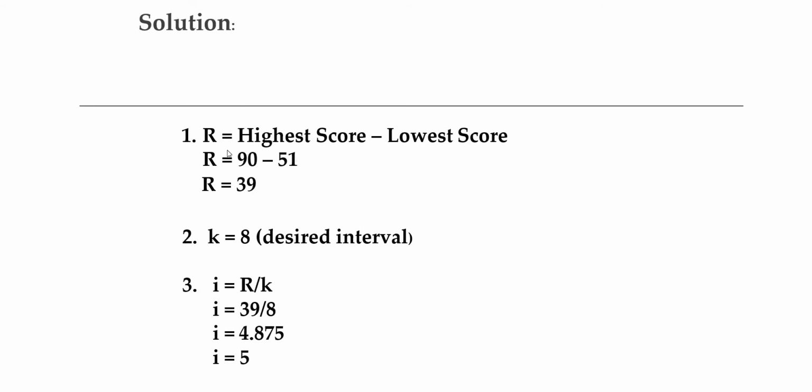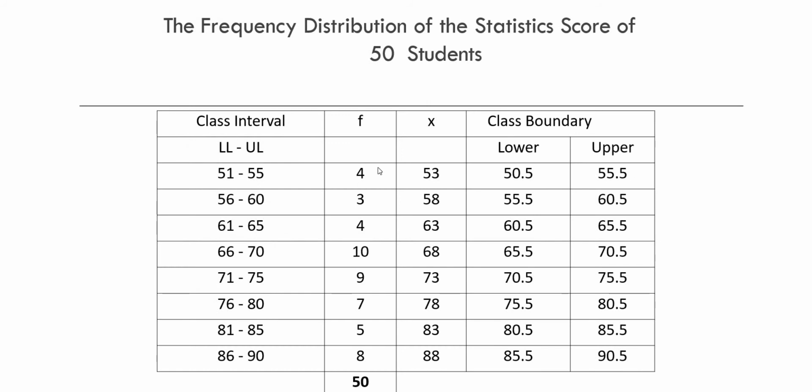Because our observations are higher than 50. Okay? This F is the answers we got, or the counts we saw, the frequencies we observed during the survey. These are the numbers we observed while gathering how many of them got scores of 51 to 55. So, meaning to say, 4 of them have scores of 51 to 55.